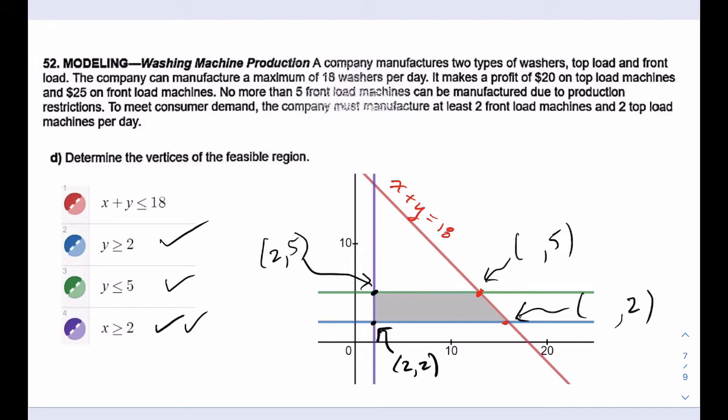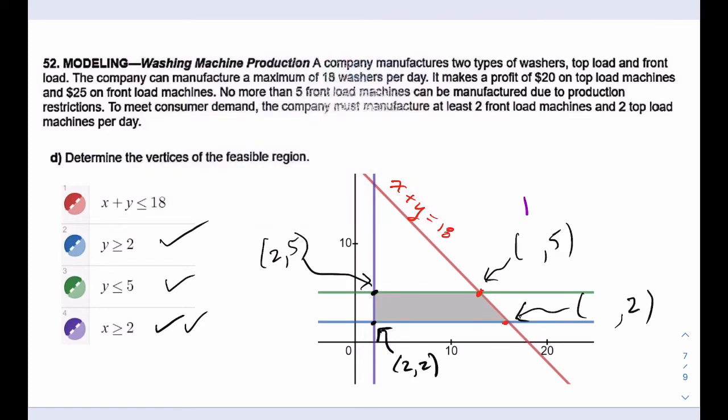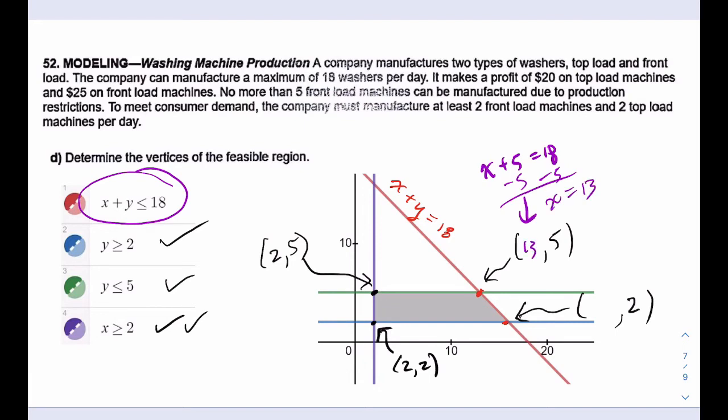Well, how do we figure out that x? Well, we know that x plus 5 equals 18 from this. Okay, so you subtract 5 on both sides, and you get that x equals 13. Same thing over here.